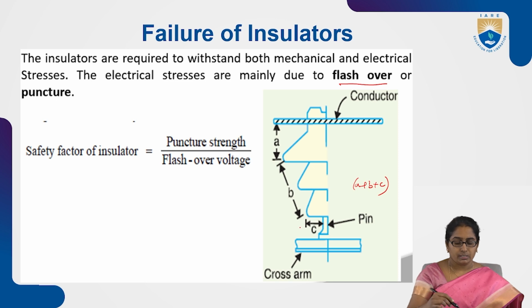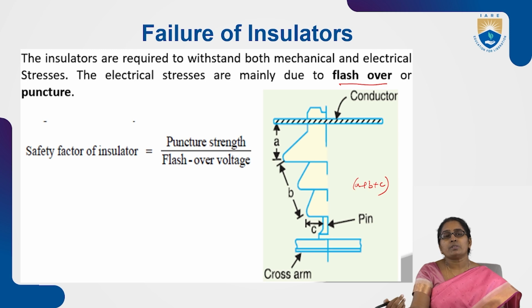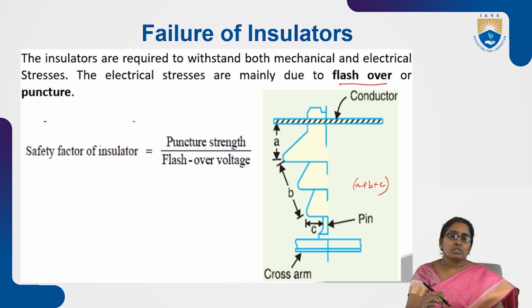Okay, you can see this. So that is how the flashover occurs. This is nothing but the air surrounding the insulator breaks down and results in a flashover. That means an arc or discharge occurs, which shorts the insulator, and this passes through the distance between the conductor and the pin.